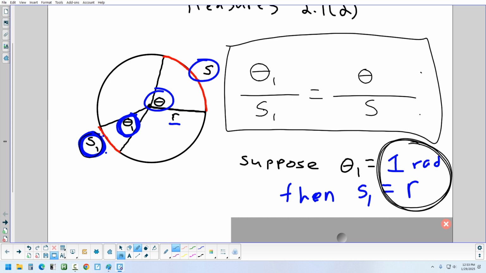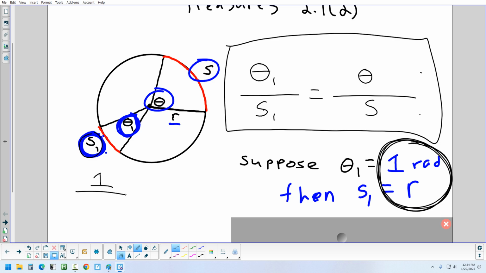An angle of 1 radian automatically makes the arc the same size as the radius. It's not as familiar as 1 foot equals 12 inches, but it's the same idea. An angle of 1 radian means the arc is the same as the radius. That's a definition. So for theta 1, fill in a 1.